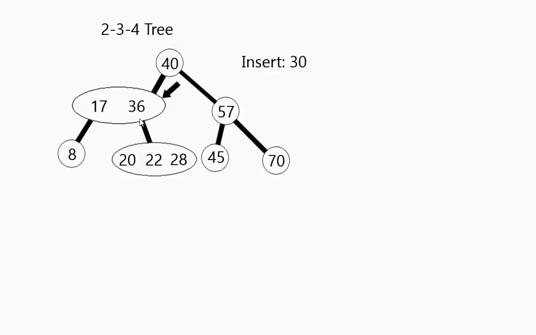It's actually the middle child of this one here, although it appears to be on the right in this diagram. And so we get to this node. Now, this is a 4 node, which is 4 children of a node. And so the way we deal with this is we actually take the 22, the middle value, and move it up and split it into 2 nodes. And then the 22 goes up into its parent.